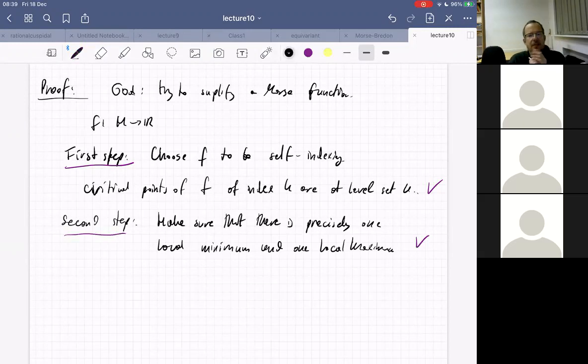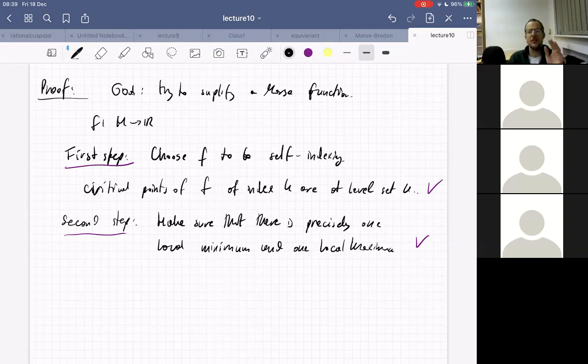And the third step is, well, before I tell you what the third step is, I will tell you what the fourth step is, and I will explain to you why the third step is needed. In the fourth step, we write down the Morse Witten chain complex, and then we try to show that it is acyclic except in degrees 0 and n.